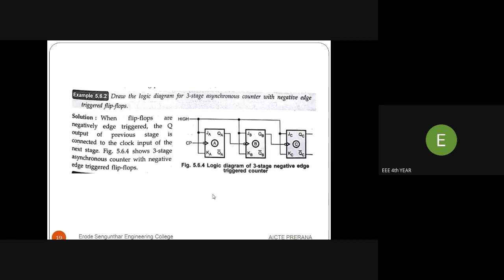The first flip-flop output is given to the second flip-flop clock input, and this is called an asynchronous counter. What is negative triggering? The clock pulse input is complemented, and that is called a negative triggering flip-flop. So this diagram shows the 3-bit negative edge triggered counter.